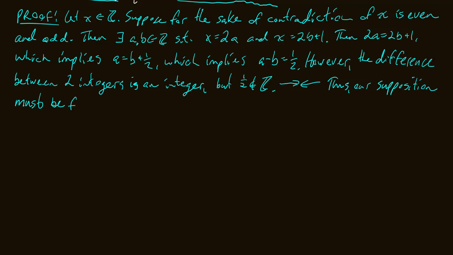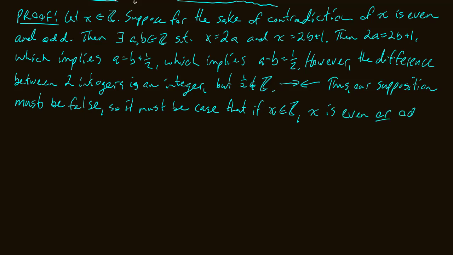And remember, our supposition was that x is even and odd. So it must be the case that if x is an integer, x is even or odd. And for extra emphasis, I'll just say x is even or odd, but not both. And that is our proof.